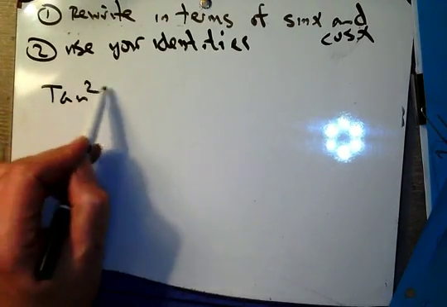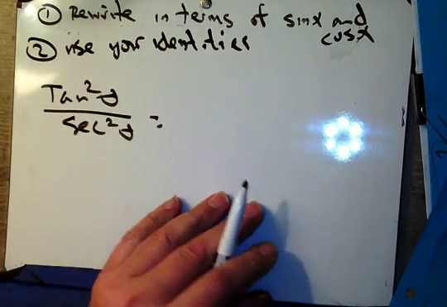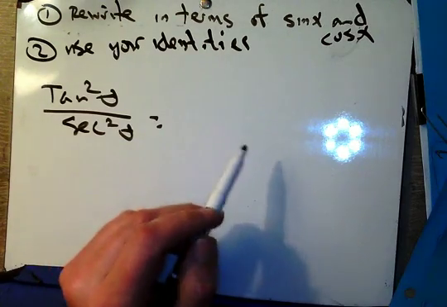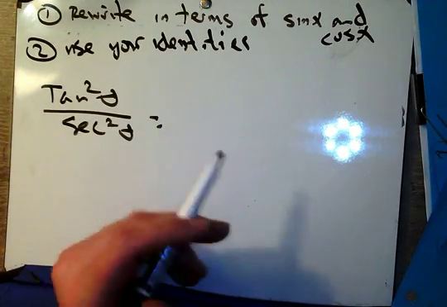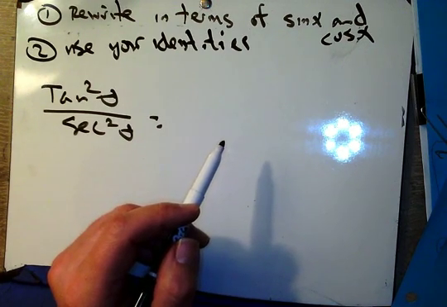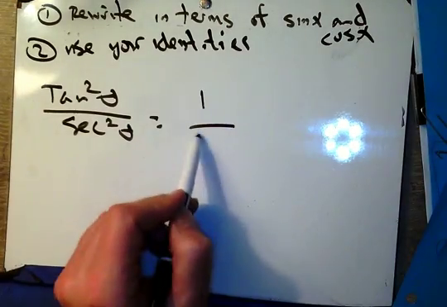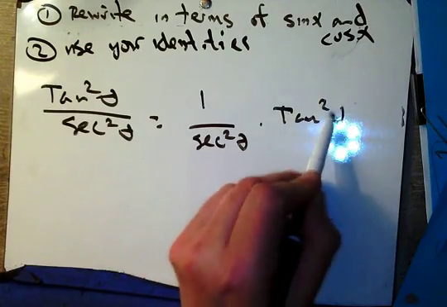Tangent squared over secant squared. Well, it may be helpful, and this was another thing middle school math was trying to get you ready for, to rewrite this fraction as 1 over secant squared times tangent squared.